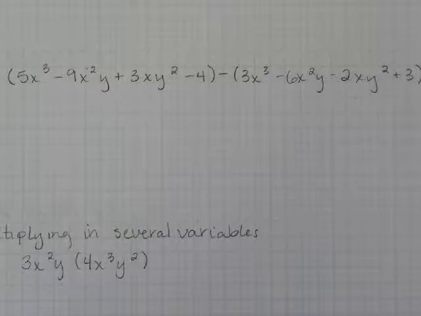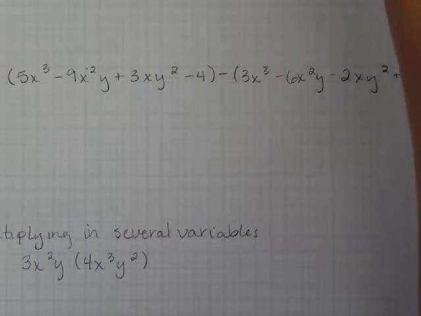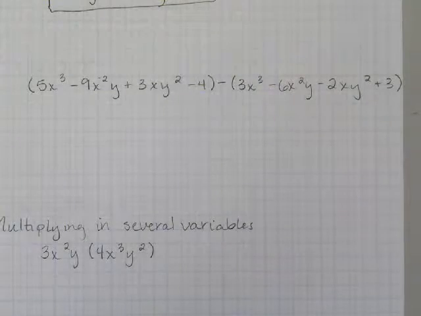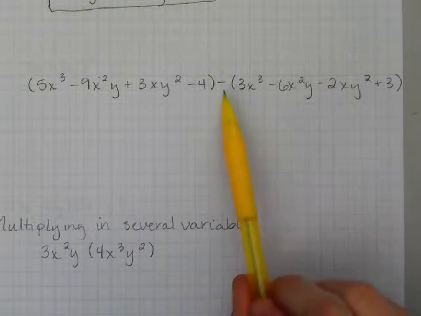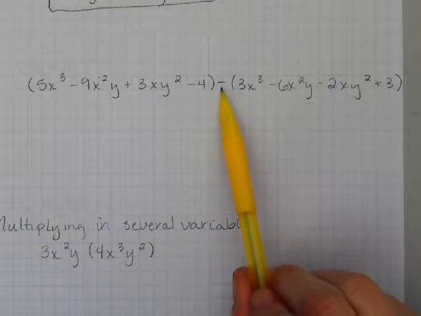Do I have to change anything with the first set? No, so I'm just going to rewrite those. So 5x to the third minus 9x squared y plus 3xy squared minus 4. That's my first set of parentheses without parentheses.